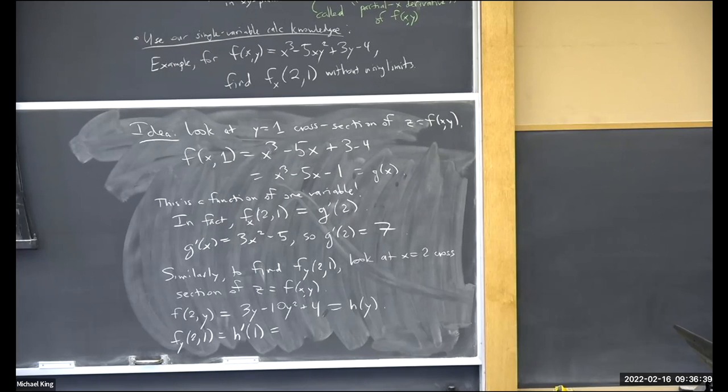But I got plus 7 as the slope there. What did I do wrong? Am I looking at the wrong cross section? Oh no, this is the x equals constant cross section. That's what we wanted, right? Did I do anything wrong?